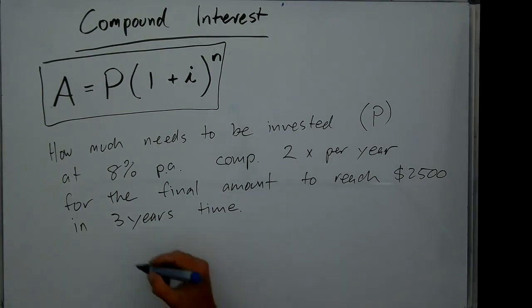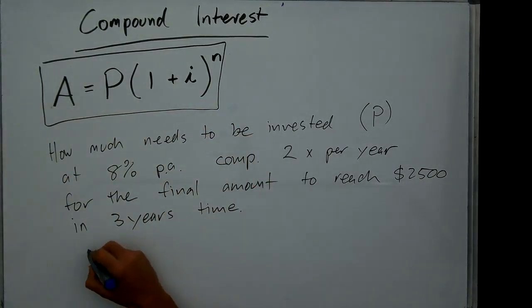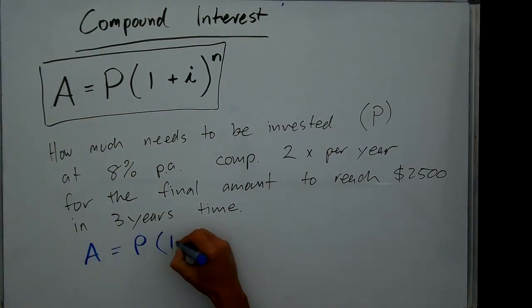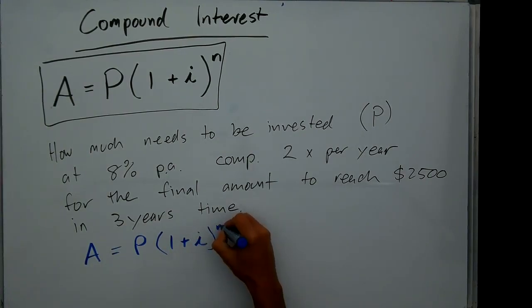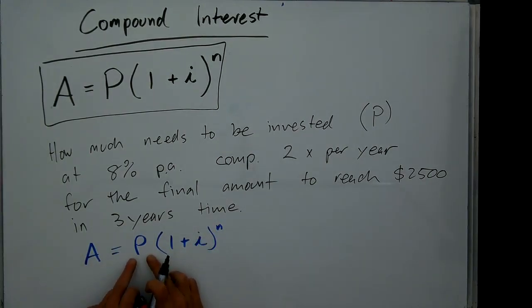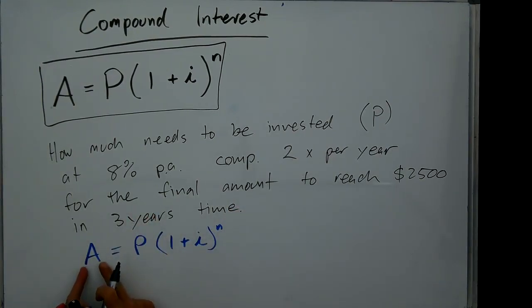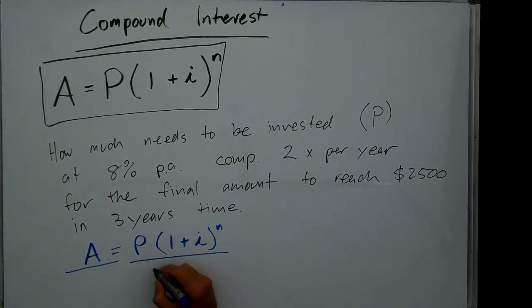What I'm going to do is I'm just going to rewrite this. So this is principal multiplied by this big chunk equals this. So if I want to work out, if I know what this is, and I know these numbers, I'm going to divide both sides by this whole thing, 1 plus i to the n.